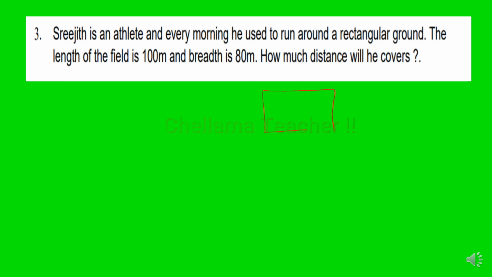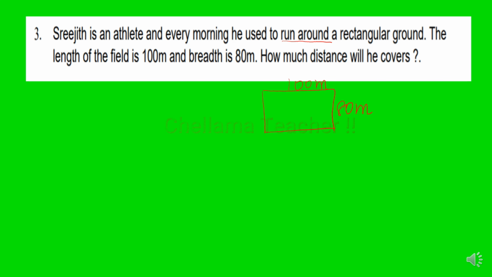There is a rectangular ground. Its length is 100 meter and its breadth is 80 meter. What is the question? How much distance will he cover? And also there is a word run around. Around means boundary. Boundary length is the distance.